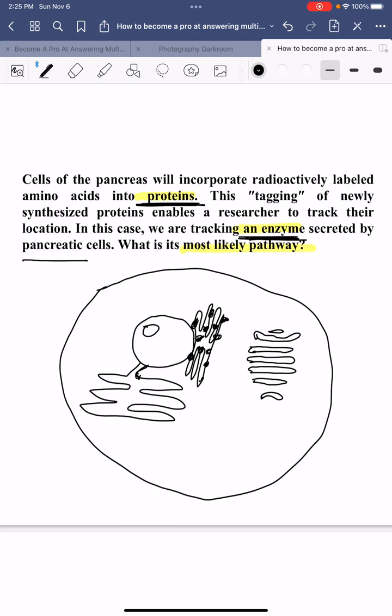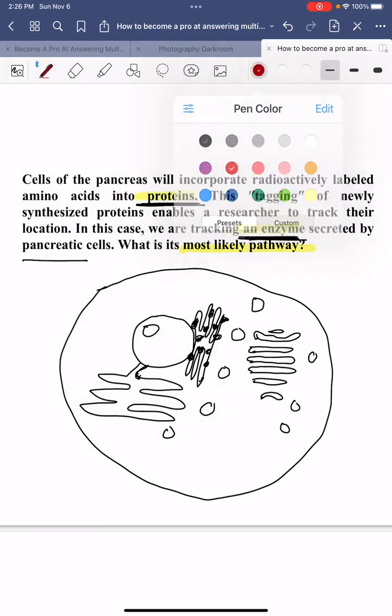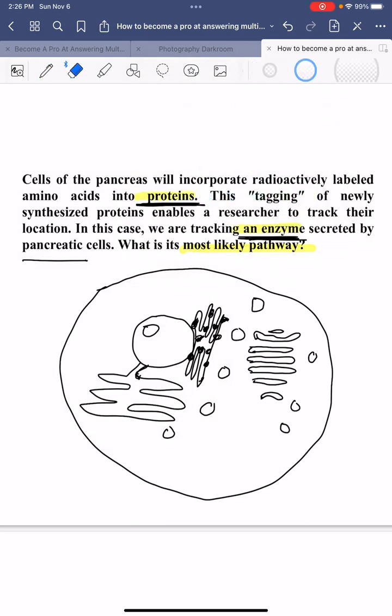And you learn that there are some vesicles that travel between both the smooth and the rough ER and the Golgi complex or apparatus, and then also some vesicles that bud off and move towards the cell membrane of the cell.